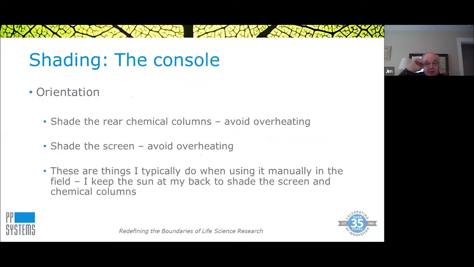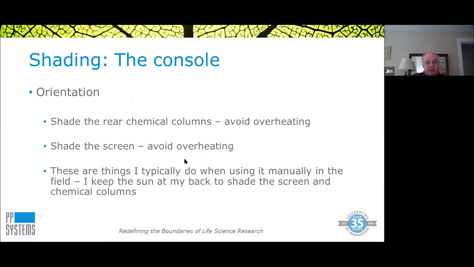Some other considerations, shading the console. This is just a matter of orientation. You want to shade the rear chemical columns to avoid them overheating. You want to shade the screen to avoid it from overheating. These are things that I typically do when using it manually in the field.